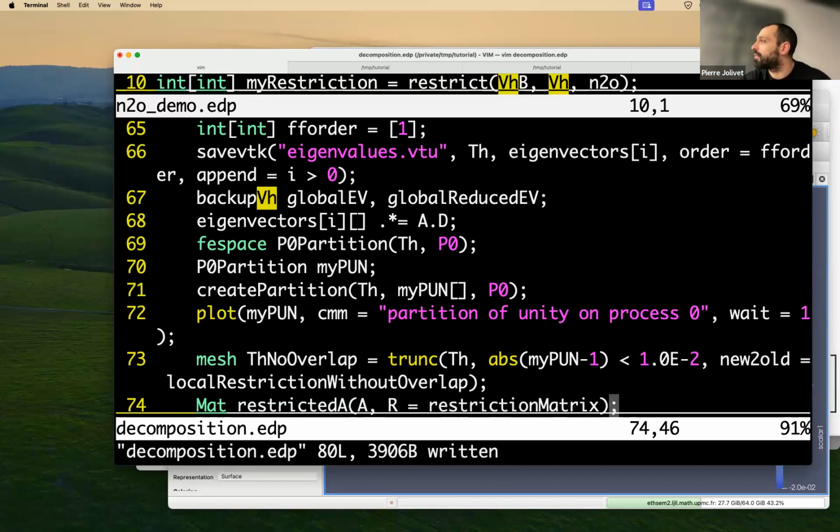So this is possible, but this is not the same philosophy as what we've done in the for loop. So we will need to do it someplace else, I mean, in another part of the script.